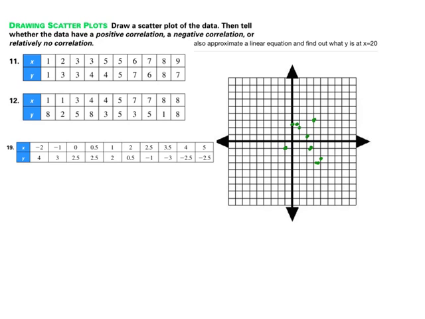And 5, -2.5. And again, no correlation, therefore we cannot approximate.